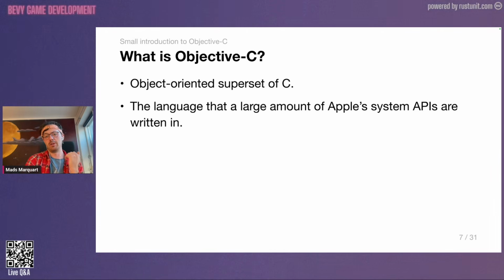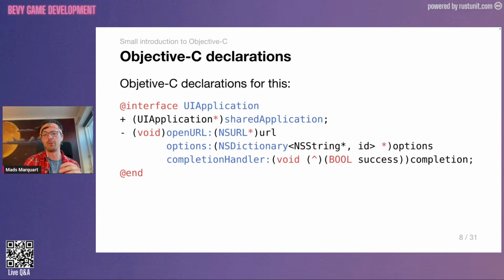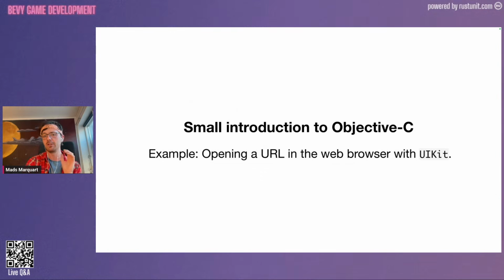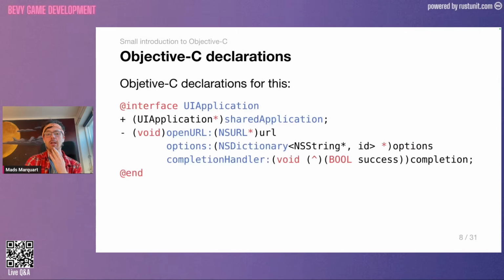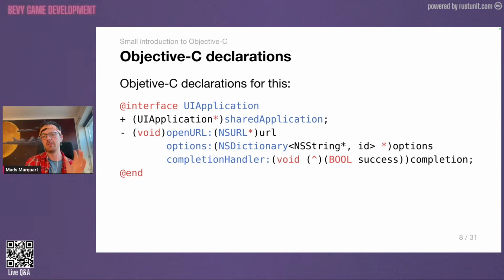So my example here is going to be opening a URL in the web browser, and I'm going to use the UIKit framework for this on iOS. So for this, we'll need these APIs. It looks like this in this header file.